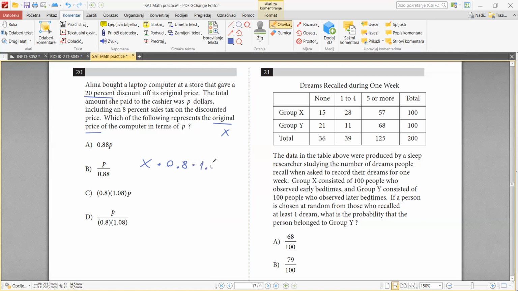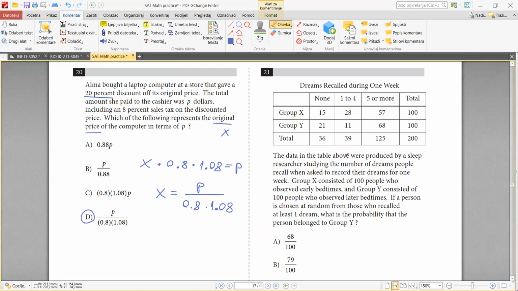This would be times 1.08. And this is the way we get the amount she paid to the cashier, or P. And now we want to find original price in terms of P. So X would be P divided with 0.8 times 1.08, which is D.